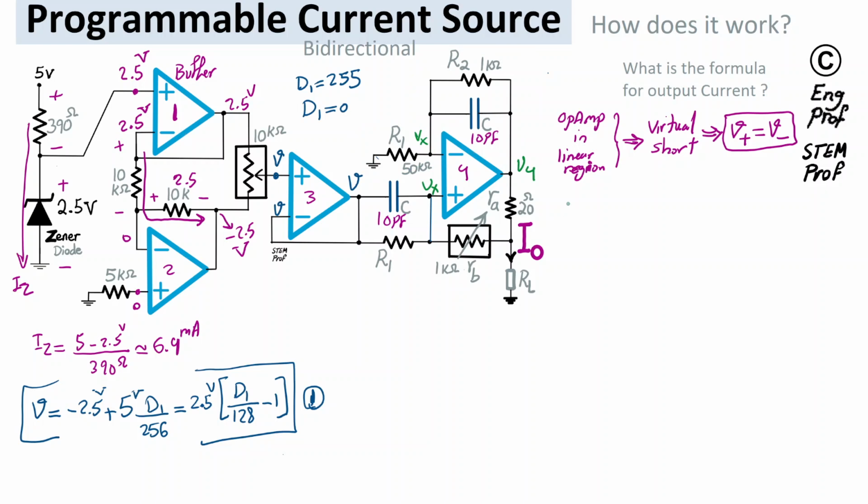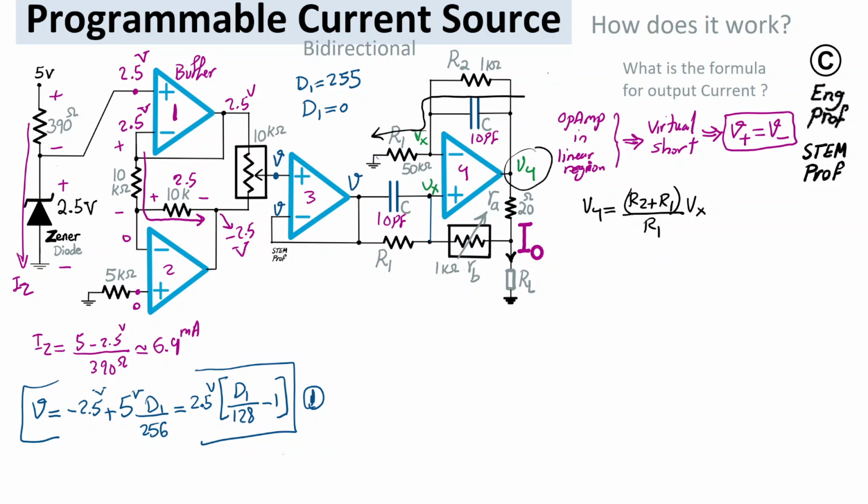So I can say V4, let me just write it here. V4 is equal to, so it would be a scale up, R2 plus R1 divided by R1 times Vx. Basically, Vx divided by R1 becomes this current, and then this current has to go through the series of R2, R1.